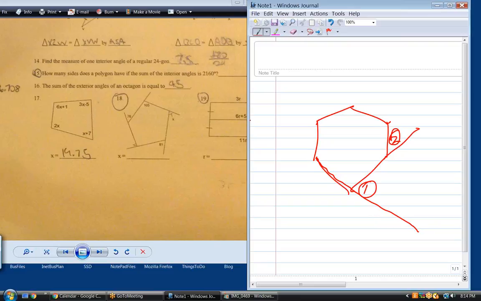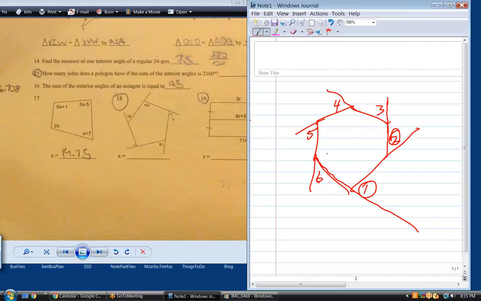That's the exterior angle, not that one. Well, it turns out they're the same, aren't they? So it doesn't matter which way I go. I hadn't realized that until just now. But just continue on counterclockwise, extending every line like that, and these are your exterior angles.